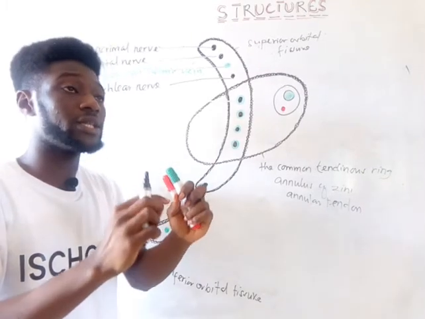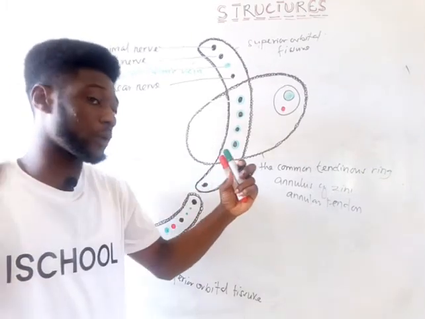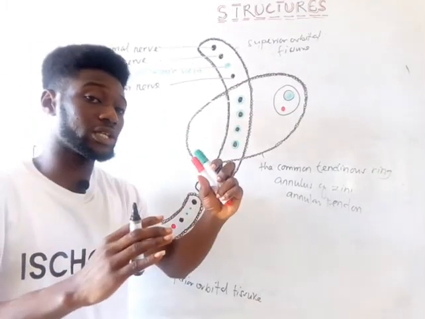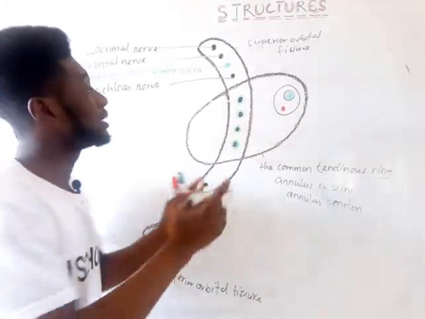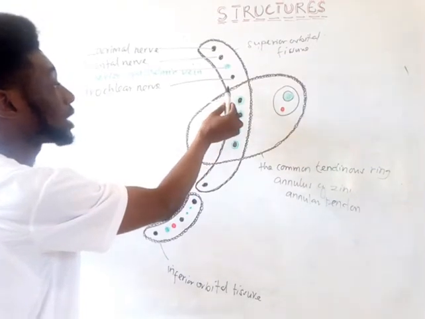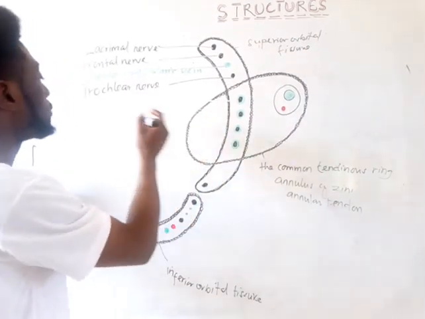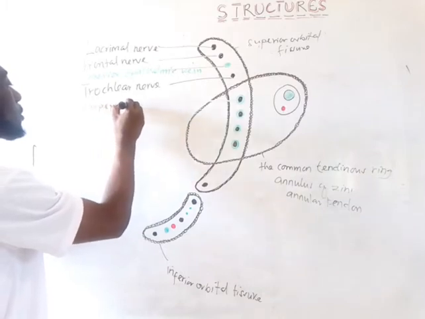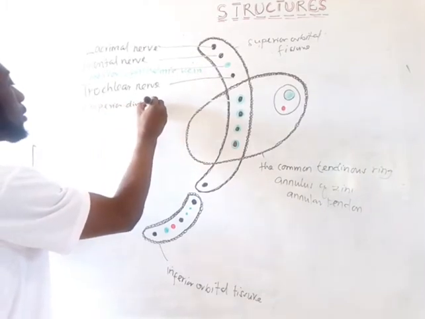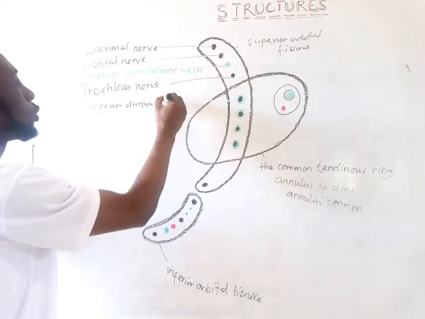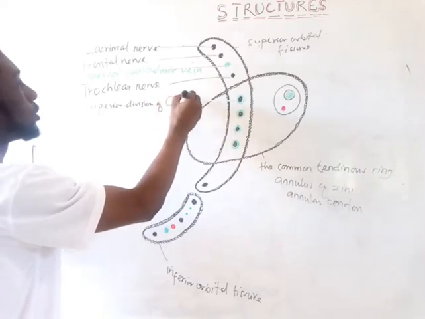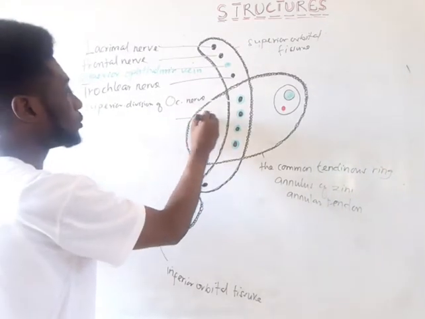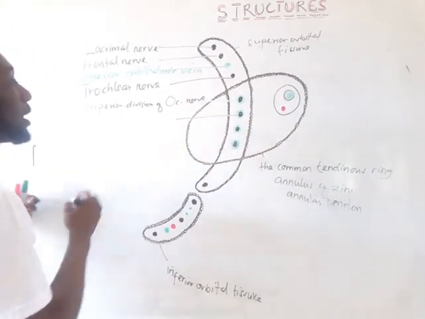These are branches of the oculomotor nerve, and they pass through both the superior orbital fissure and the common tendinous ring.